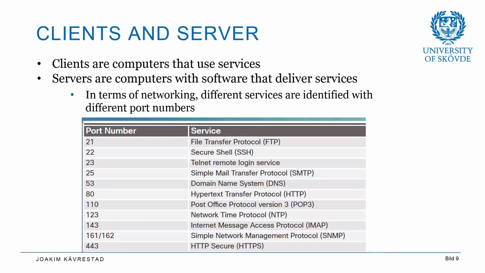Servers, in turn, are computers with software that deliver services. In terms of networking, different services are identified with different port numbers. This port number is an addressing mechanism that we will talk more about in the networking lesson. But for now, just know that different services are identified using different port numbers. And this is a listing of different port numbers and services that I will not dwell into any deeper right now.